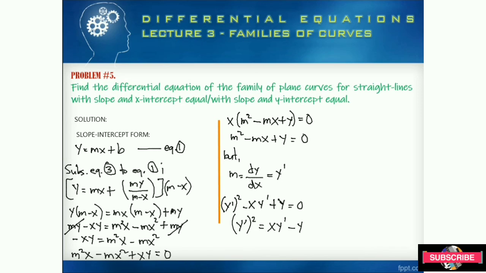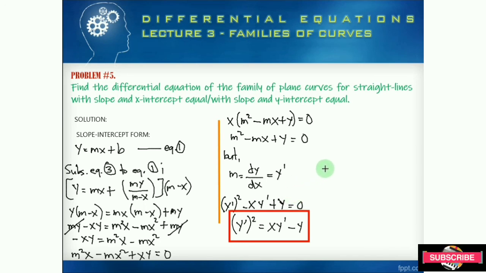Okay, so we have arrived now at this differential equation: y prime squared is equal now to xy prime minus y, or you can opt to have y prime squared minus xy prime plus y equal to 0. So it's also acceptable. Okay, so we are done with our case number 1.